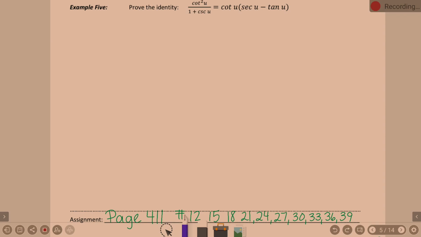Okay, so I'm going to set us up like I was yesterday: cotangent squared u over 1 plus cosecant u. And then my goal is to somehow magically get down to cotangent u times secant u minus tangent u.